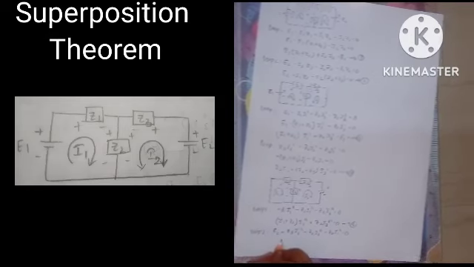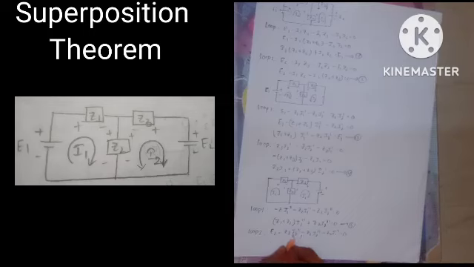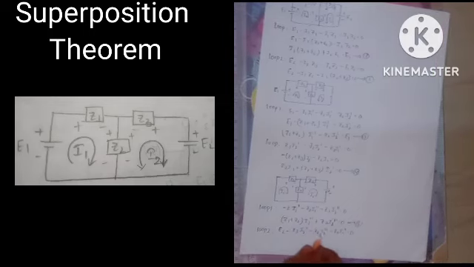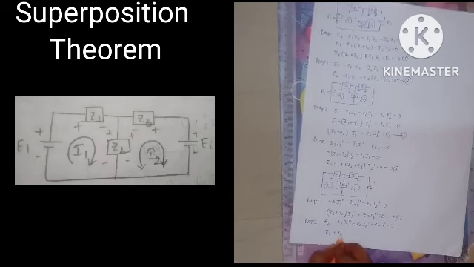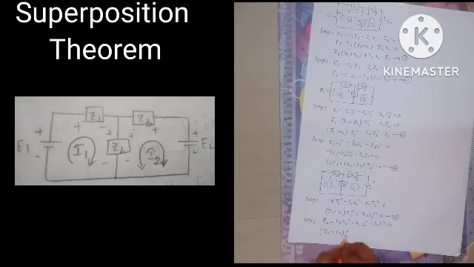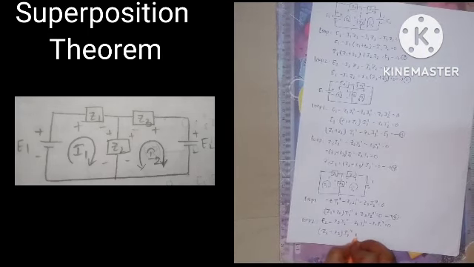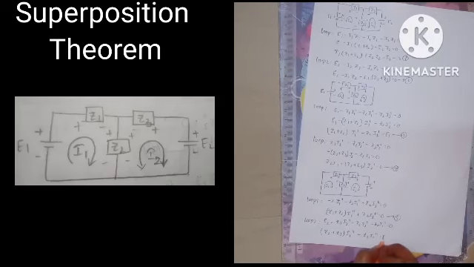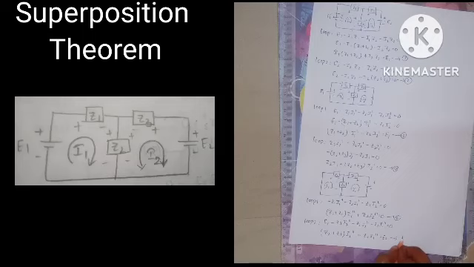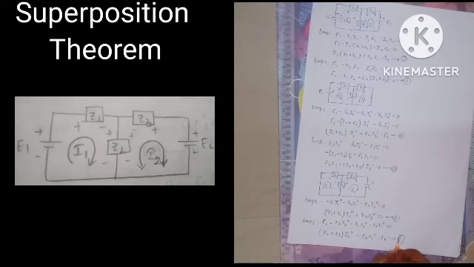Now Z3 I2 double dash is common to both. E2 is transferred to the other side: (Z2 plus Z3) into I2 double dash plus Z2 I1 double dash is equal to E2. This is the sixth equation.